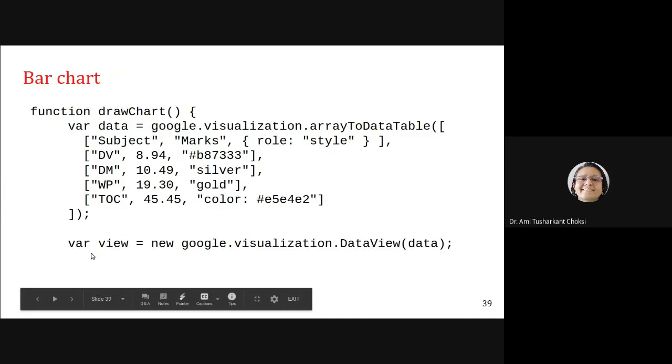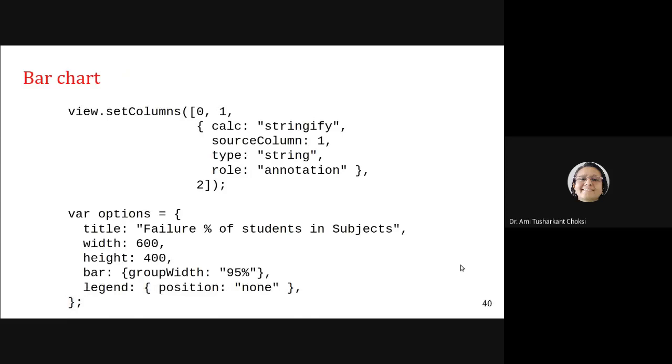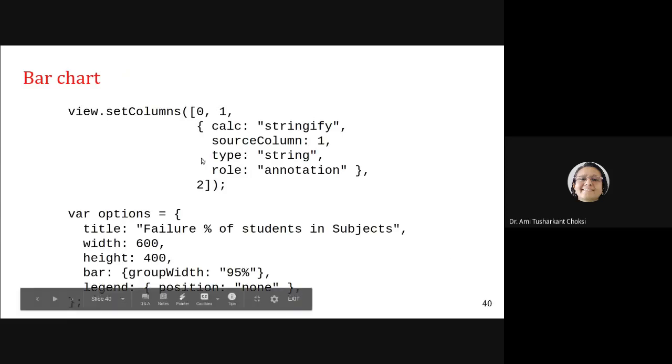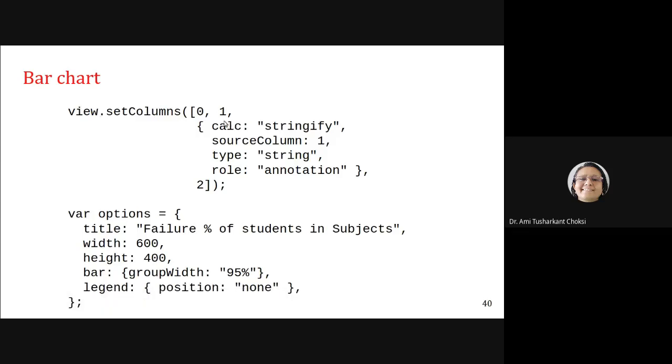Okay. So now what we want is we want to have the view, that is a visualization. So for that what we are doing is we are creating a view variable, that is variable view is equal to new google.visualization.DataView, and we are specifying this data here, right? We are specifying the data here. Now what we do is view.setColumns 0, 1.